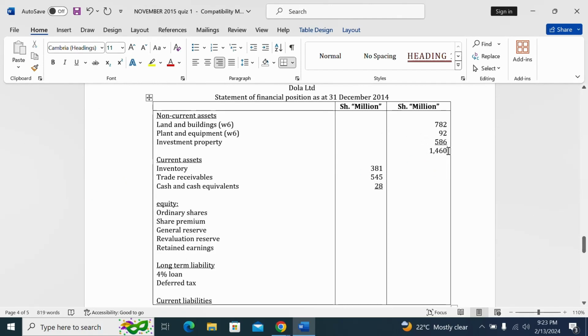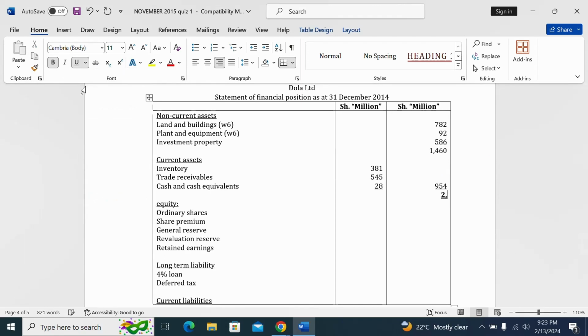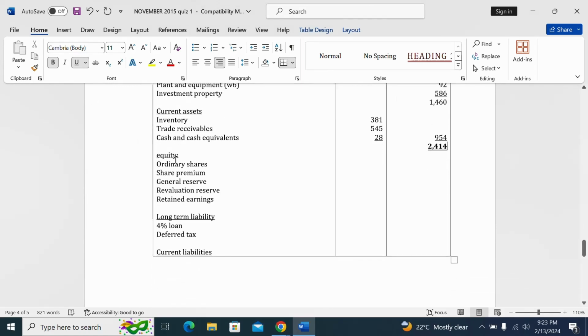Our total current asset, we are going to put it on this side. 381 plus 545 plus 28, I'm getting 954. 954 plus 1460, getting 2414 as the total asset. Then we go to equity.